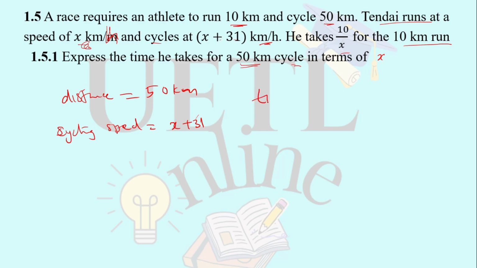Time is equal to distance over speed, right? So this means that we are going to get 50 over x plus 31. We have expressed the time he is going to take. So our time is 50 over x plus 31.